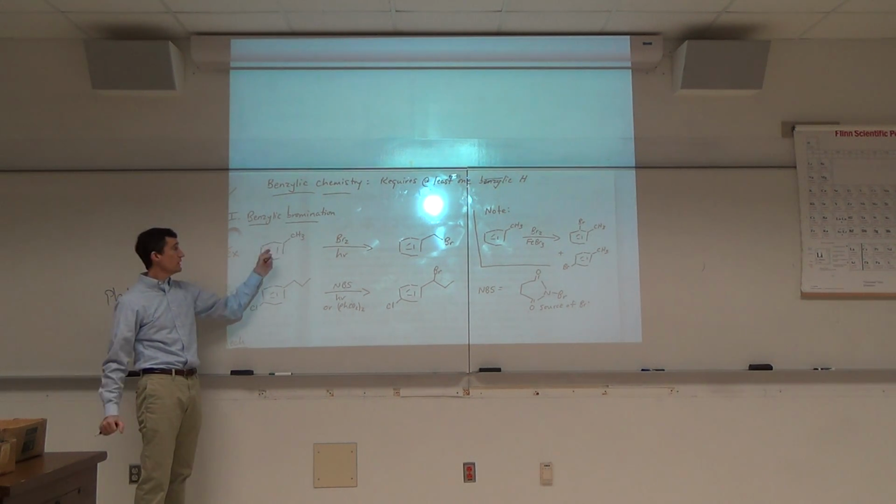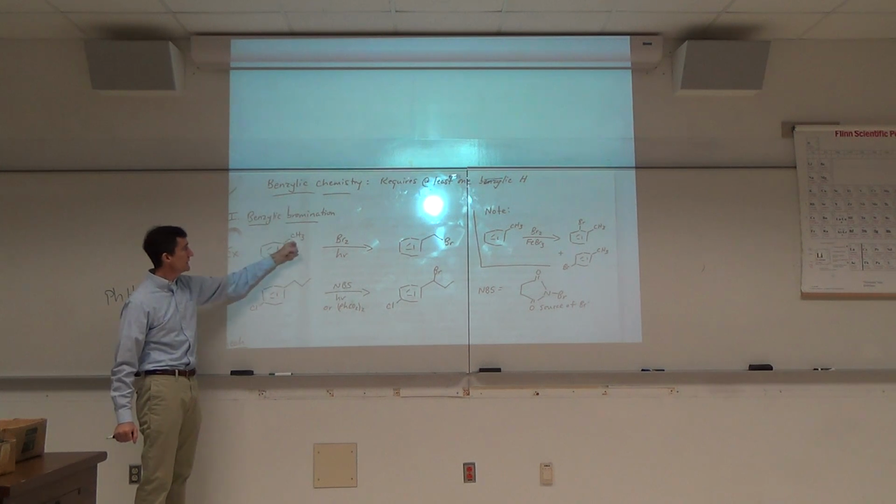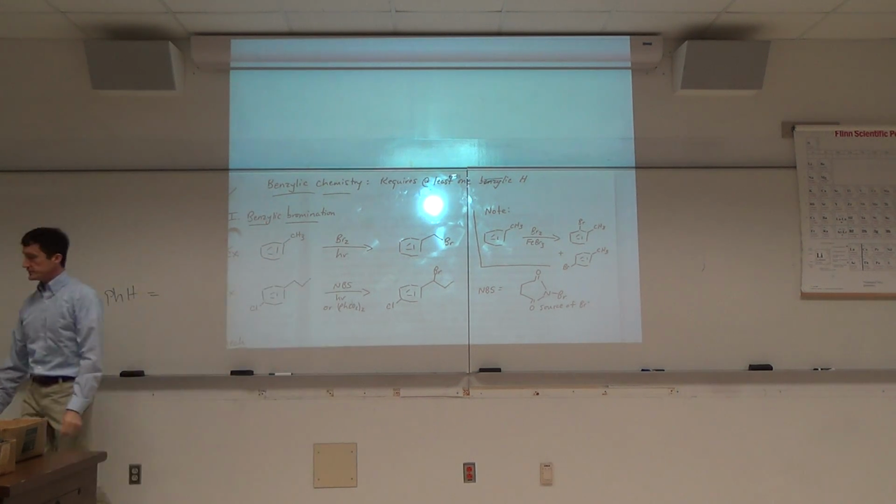The other handout, we're going to go back to the ring and do the other 2 mechanisms for the ring. But right now, on this handout, we're going to look at the side chain, and first thing, benzylic. This is called the benzylic carbon. We can do chemistry out here. We can do bromination, which is the first thing here.